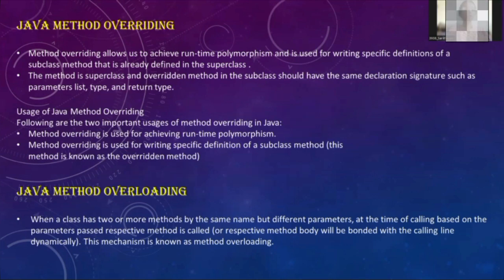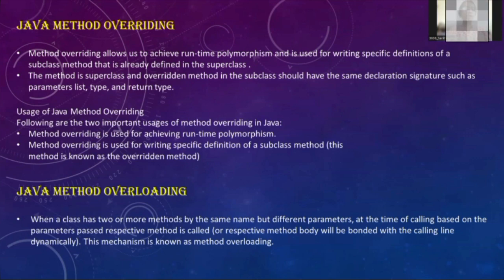When it comes to usage of Java method overriding, there are two important usages: method overriding is used for achieving runtime polymorphism, and it is also used for writing specific definitions of a subclass method. This method is known as an overridden method.